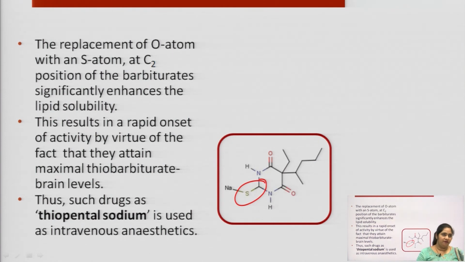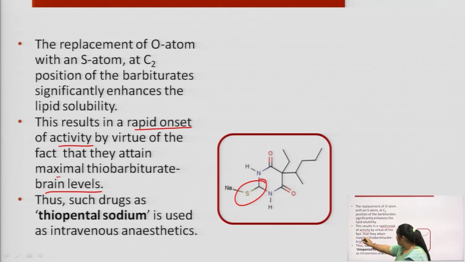If we have increased the solubility in lipid, that means it will pass the plasma membrane and other membranes quickly, resulting in rapid onset of action, because it reaches the brain at the maximum level.